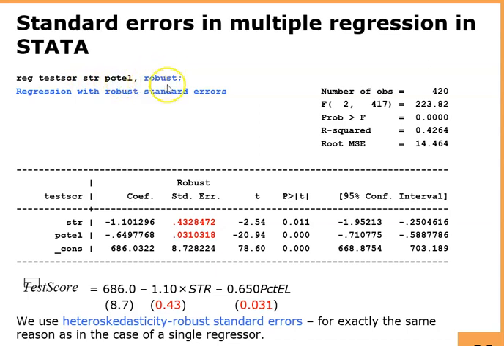You write comma robust over here to make sure that you are assuming a heteroskedastic error term, and it's always safe to assume heteroskedasticity, because even if there is no heteroskedasticity, the robust standard errors would be equal to the OLS standard errors under homoskedasticity.